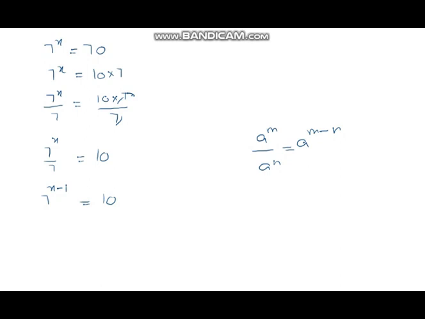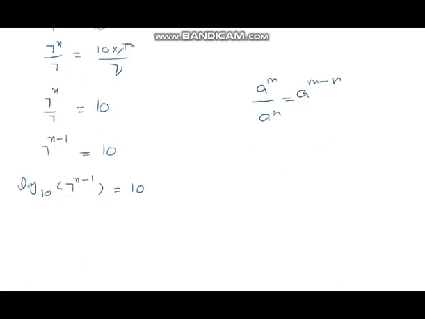Now taking log base 10 on both sides: log base 10 of 7^(x-1) is equal to log base 10 of 10. By using the log rule, log of a^m can be written as m times log of a.